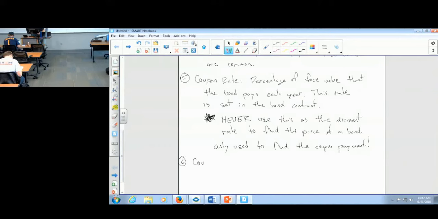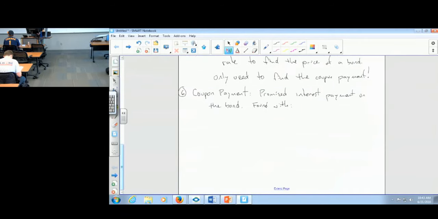And that gives us a nice segue into the coupon payment. The coupon payment is the promised interest payment on the bond. Okay, and this thing has a set definition.